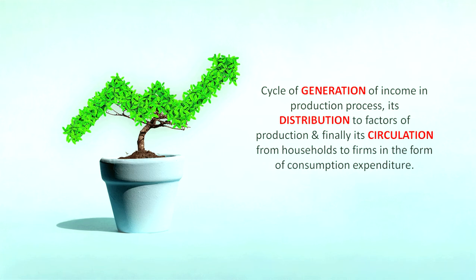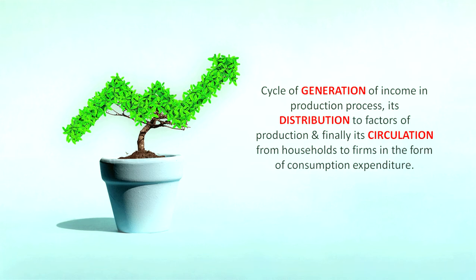Using the services, firms produce different goods. Once the goods are produced, the producer will distribute them in the market for sale, where he receives income, where he generates income.